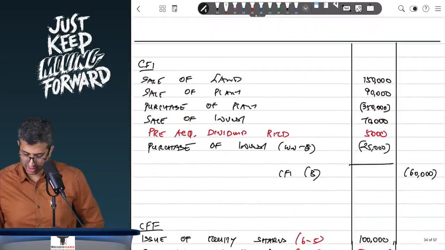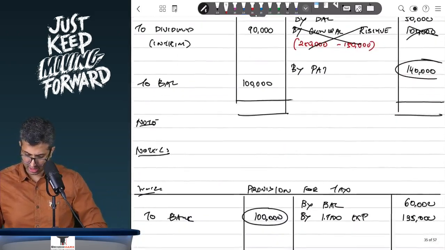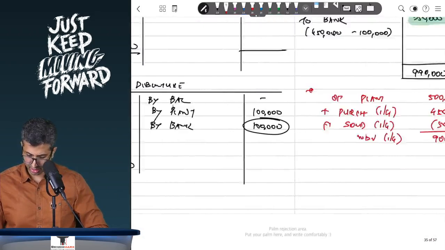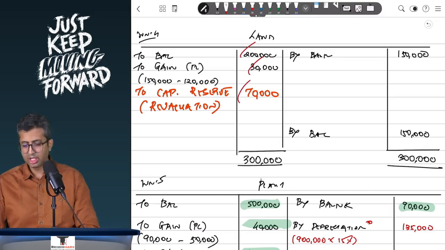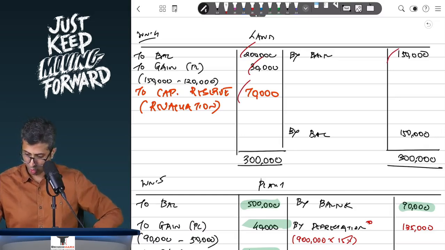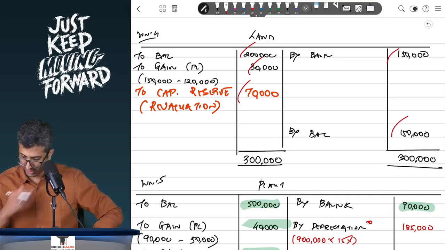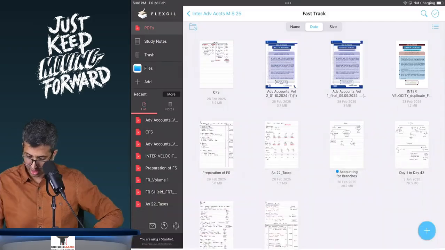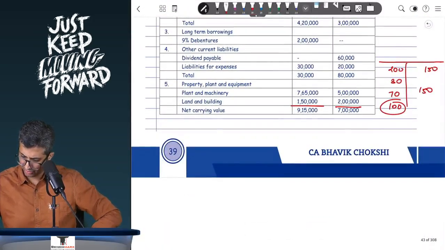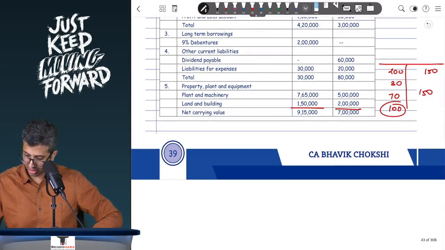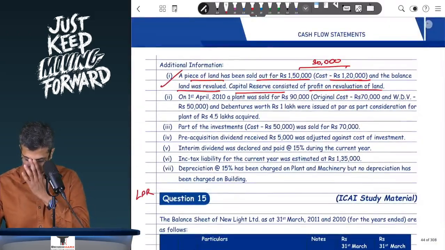So when I look at this, we will say that in my land account 2 lakhs was there, 30,000 gain which went to the P&L, 70,000 capital reserve. Opening, there was a sale of 1,50,000 and 1,50,000. If I go to see, 150, 150, otherwise on both sides 300 will come, and hence the account clearly balances. So adjustment number 1 done.